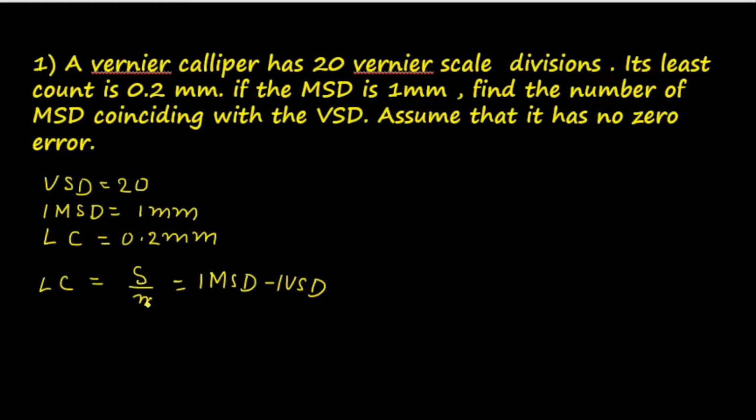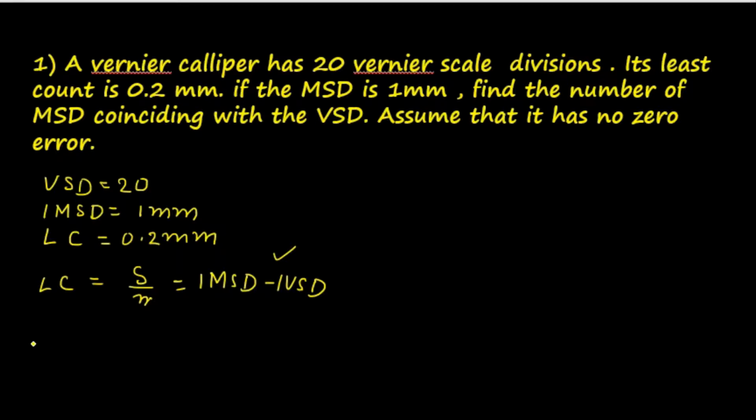If we use the formula least count is equal to S by N, least count is given, S is given, N also is given, but it cannot give the number of main scale divisions coinciding with the 20th vernier scale division. So we will use this formula, that is 1 main scale division minus 1 vernier scale division.